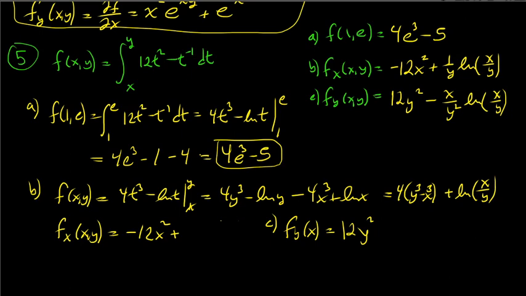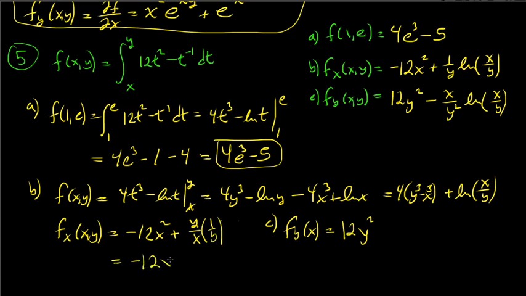Okay, so the first term's correct, right? The derivative of log is just 1 over, right, x over y. So 1 over x over y is y over x. And then times the derivative of x over y. The partial derivative of x over y with respect to x is just 1 over y.